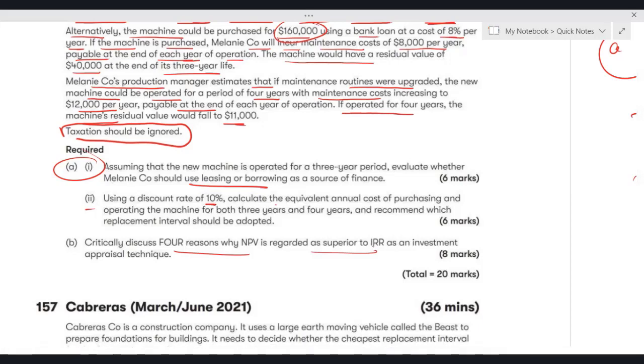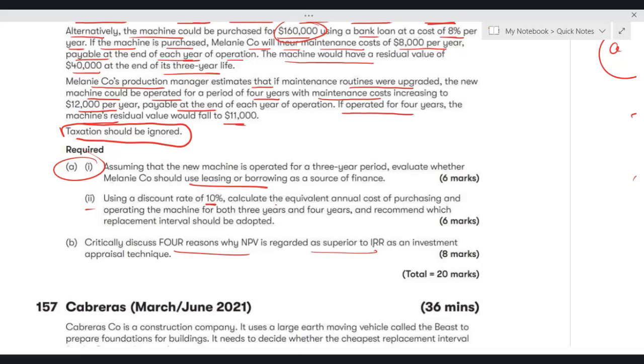Number 1, NPV is an absolute measure. The result of NPV is a value which does not mislead the stakeholders. IRR is a relative percentage which can be misleading. Another point, when a project has non-conventional cash flows, then for the same project there will be multiple IRRs. NPV does not have such issues.